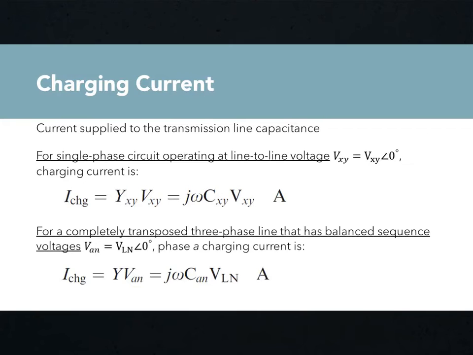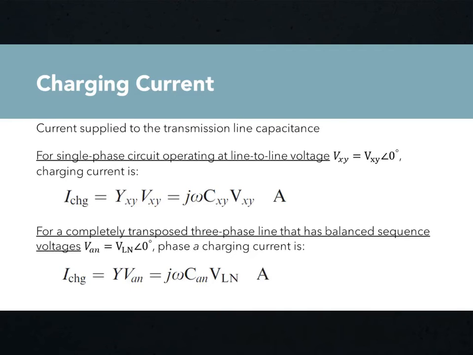Okay, so the charging current is injected, kumbaga napasok in the scenario, no, because of the current that is supplied to the transmission line capacitance, no. So if there's capacitance, no, merong charging current. Okay, yun yung association nila.